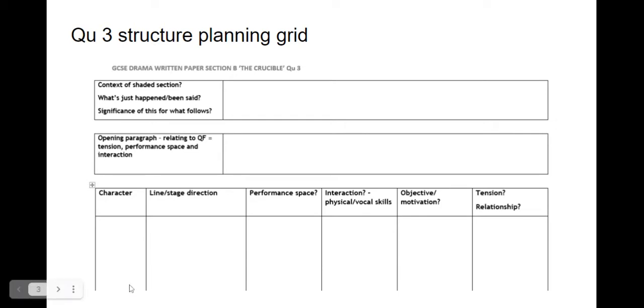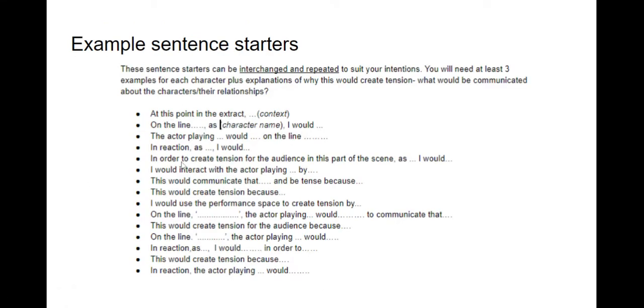And remember with this that you focus on your character as well as the actor playing the other characters. You can give their examples too. Here are some example sentence starters that have previously been shared with you. These are very much focused on how it would create tension, but just where it says, like for here, this would create tension for the audience, you could say, this shows this about the relationship between the characters.